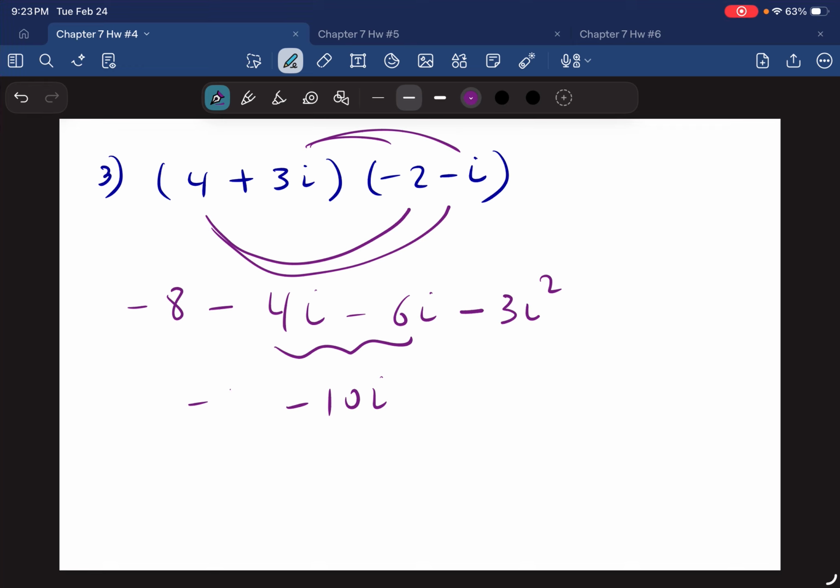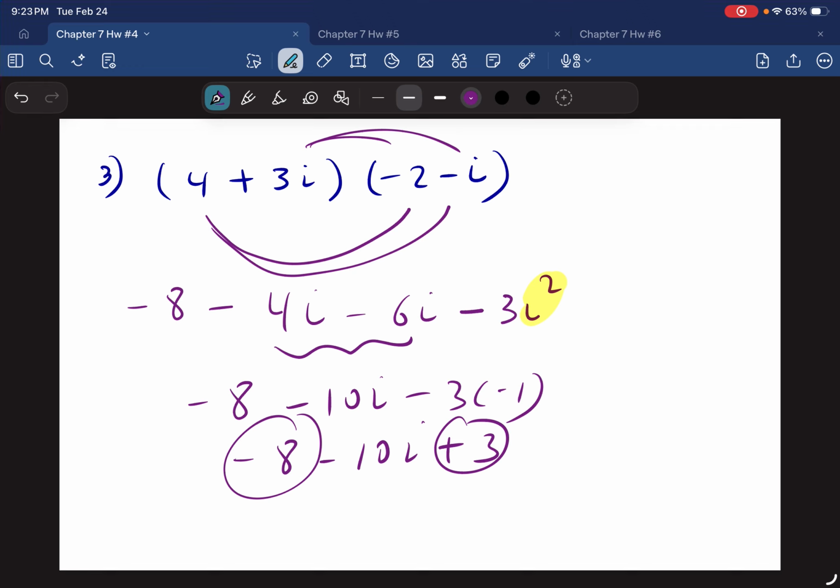Bring down the minus 8, and then this guy right here is -1. So -3 times -1, that's going to be minus 8 minus 10i plus 3. Combine like terms, these two are like terms right here, so that's going to be minus 5 minus 10i. And that's it. Okay, last problem.